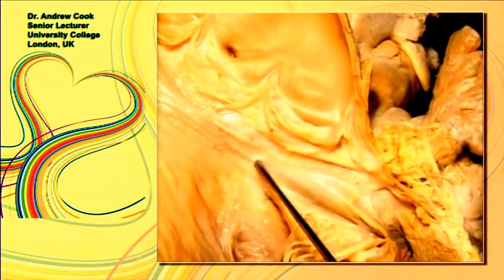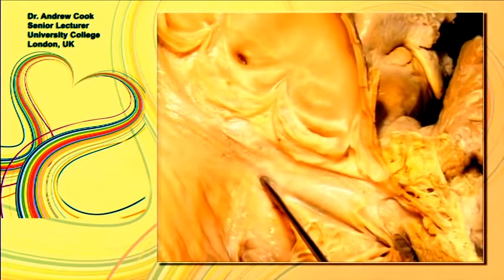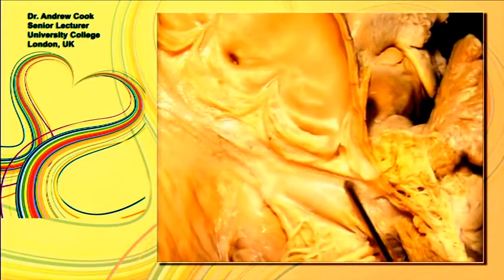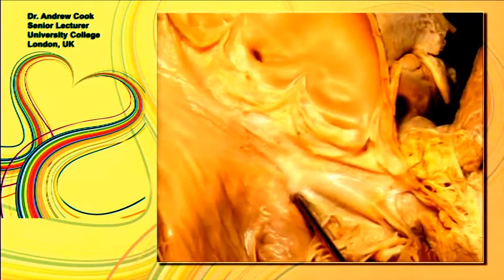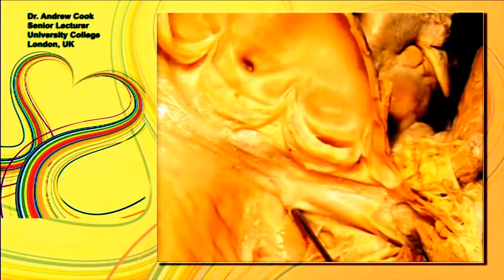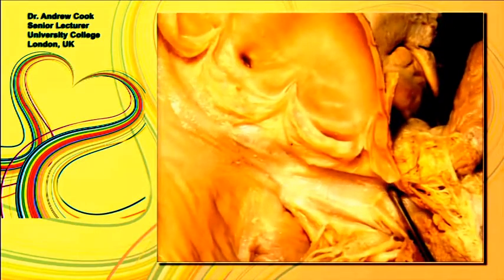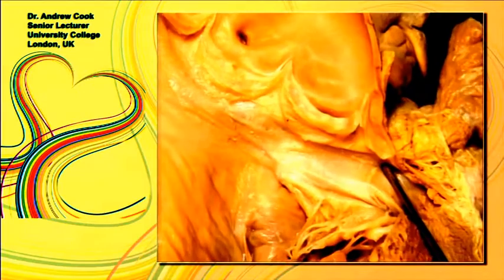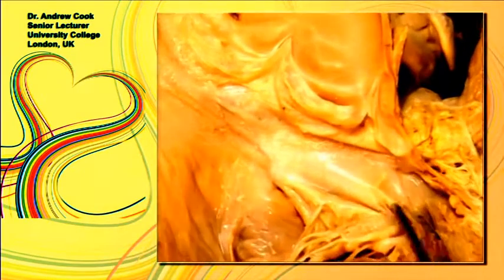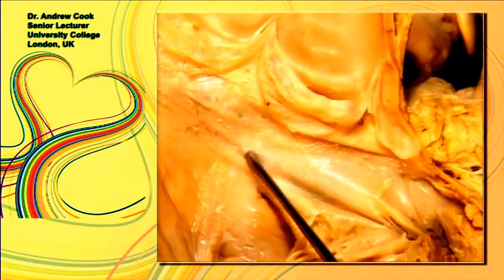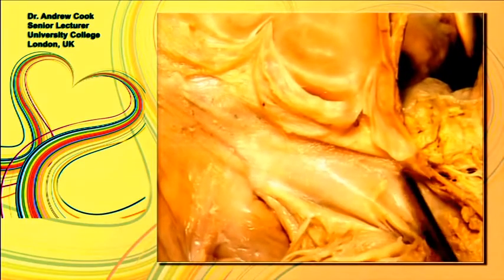So the region of fibrous continuity, as you can see, extends mainly beneath the non-coronary leaflet, and usually at the ends of that fibrous continuity there are thickenings which we call the fibrous trigones, and the right fibrous trigone will be closer to the ventricular septum.